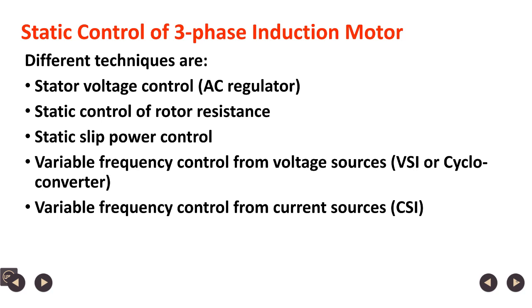The powertronic methods of speed control, the static control methods, are: stator voltage control, which is done through an AC regulator; control of rotor resistance through an external rheostat and chopper; slip power control through converters and inverters, diode rectifiers; variable frequency control from voltage sources like VSI or cycloconverter; and variable frequency control from current sources, the current source inverter.